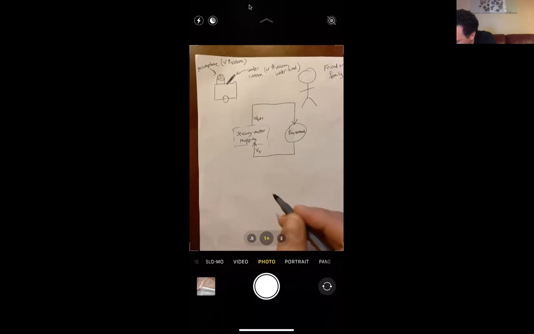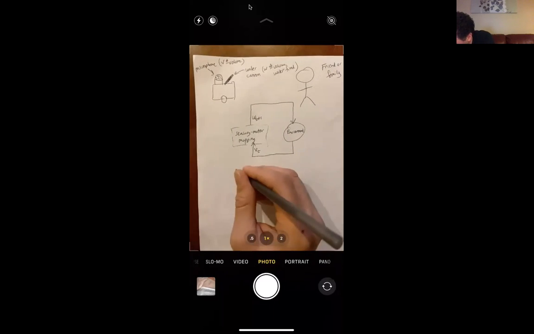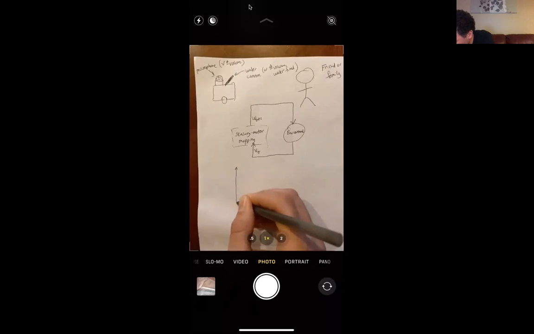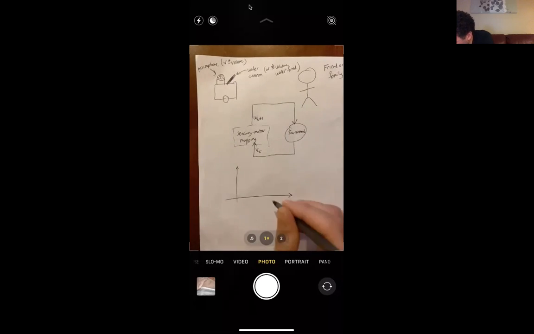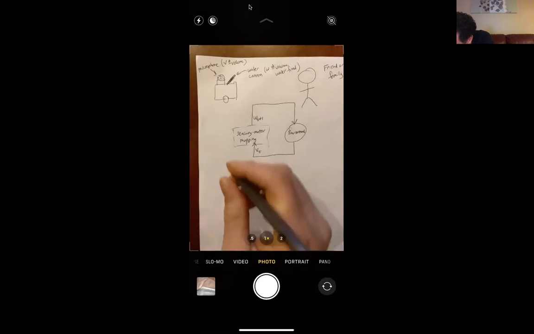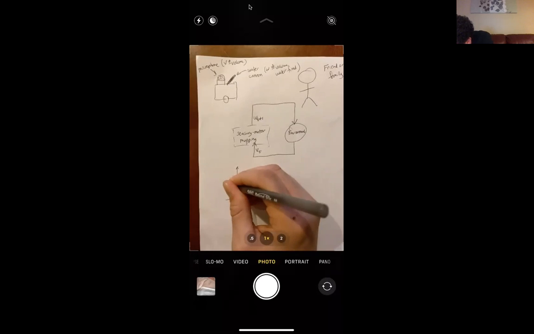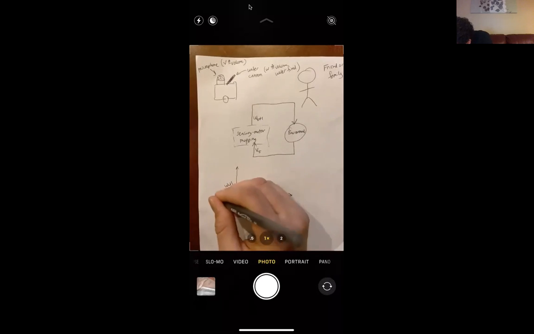So when we say sensory motor mapping, all we really mean is a function. We have our sensory information on the x-axis. This is going to be V_t, the volume level. And then the y-axis is going to be W_t+1, the water level.